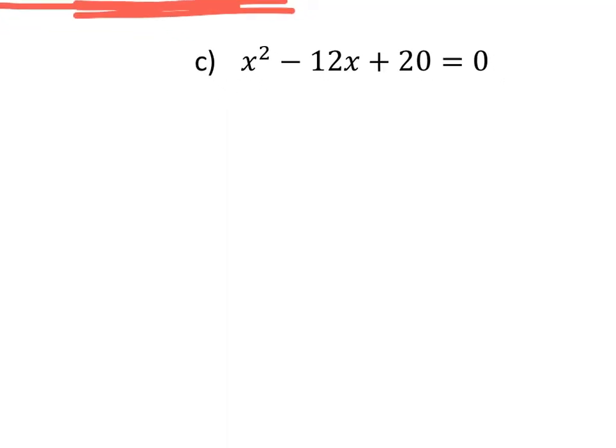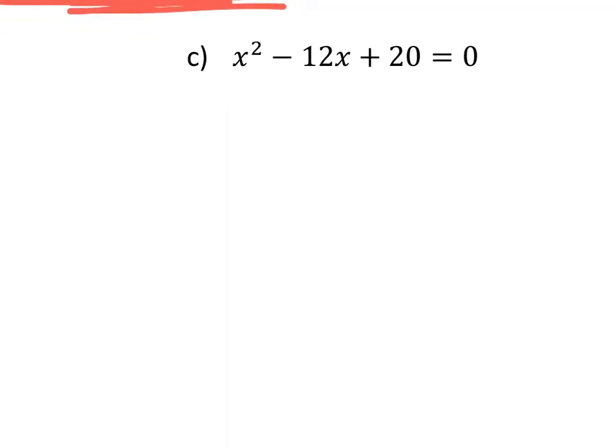Let's start there. The important thing is to make sure that you're in descending order, which we are. So this would be our a, our b, and our c value. Remember, there's an invisible 1. The quadratic formula is nice because it works with absolutely everything, and the formula is given to you.